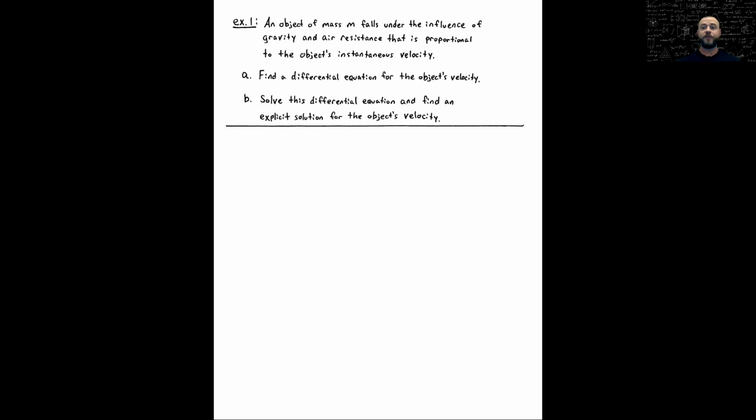All right, now all the examples that we'll be looking at within this lecture are going to be first order differential equations, but more importantly, almost all of them are going to be linear. So make sure you are comfortable with the linear form of a differential equation. We have it as dy over dx plus p of x times y equals f of x.